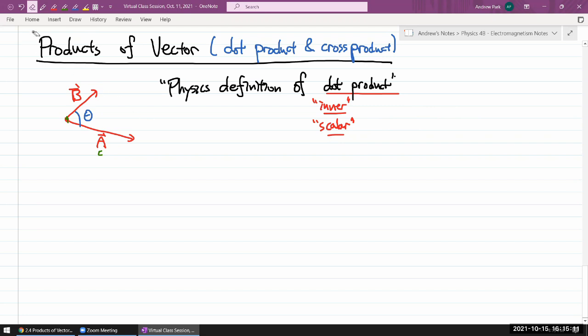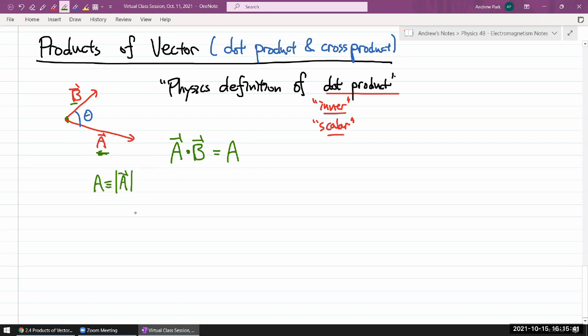So the physics definition is, if you have vectors A and B, then A dot B is equal to, and I'm going to introduce a common convention: given this vector A, if I simply write down A without the arrow on top, conventionally that means the magnitude of the vector.